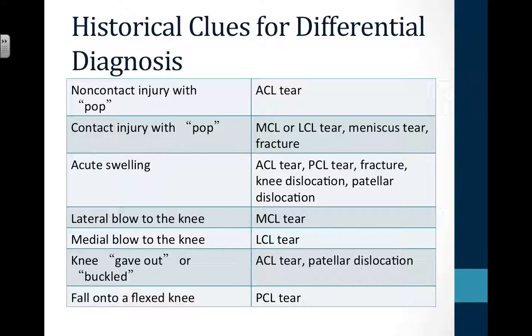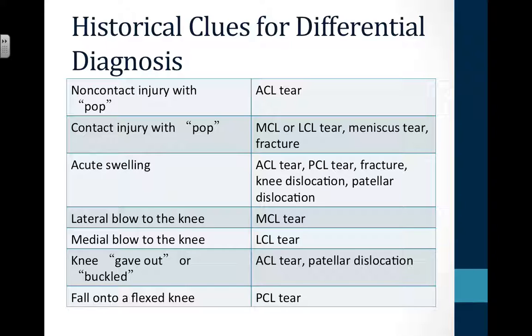If we think about acute swelling, we know that if a significant amount of swelling has occurred, we're going to go right toward there being some significant damage to the soft tissue, in the intra-articular or extra-articular area. We might also go towards a fracture, a knee dislocation or subluxation.